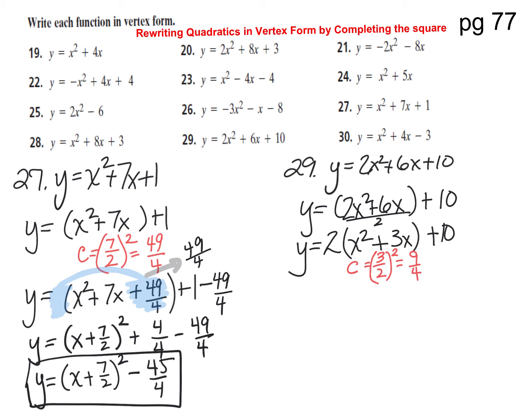I'm going to put 9/4 inside the parentheses. Y equals 2 times the quantity x squared plus 3x plus 9/4. Next, I'm going to multiply 2 times 9/4.